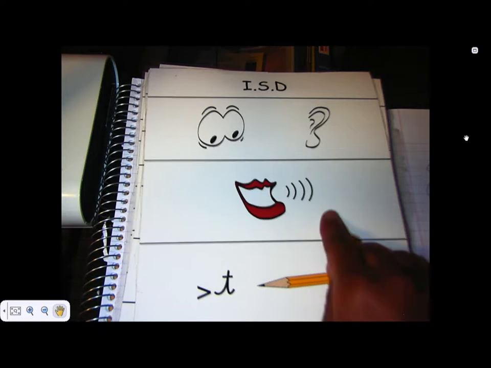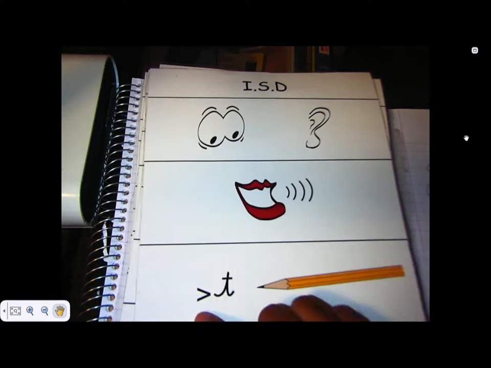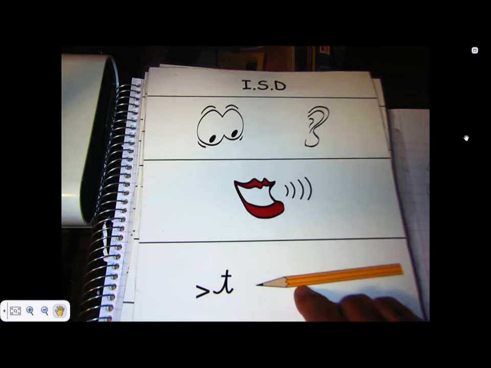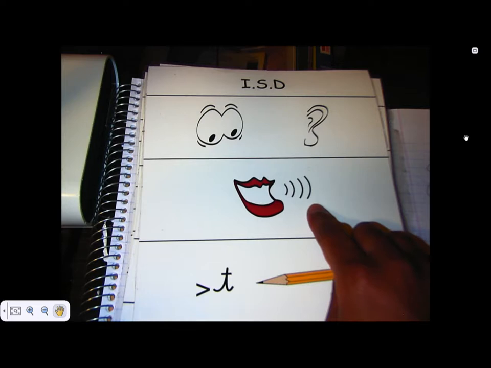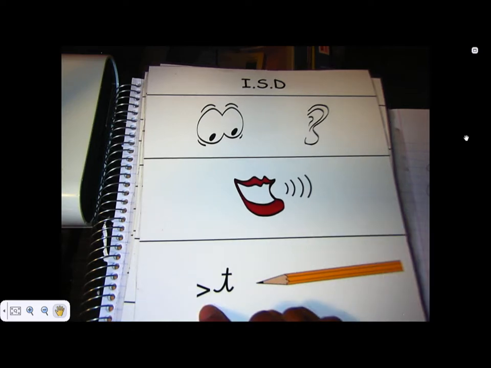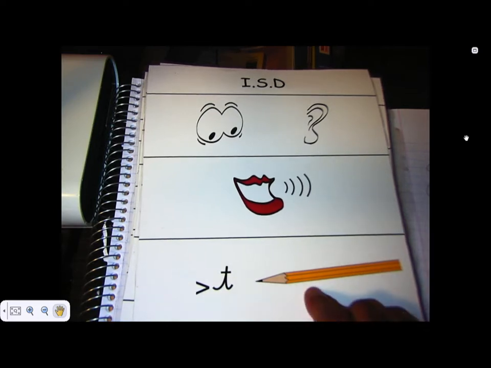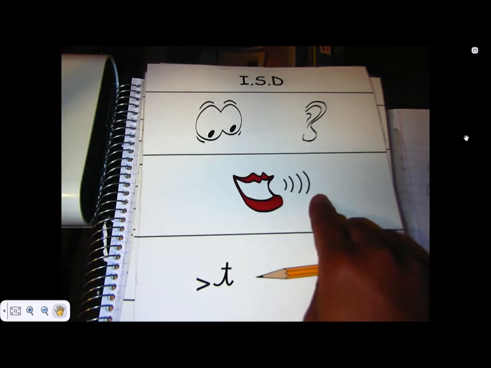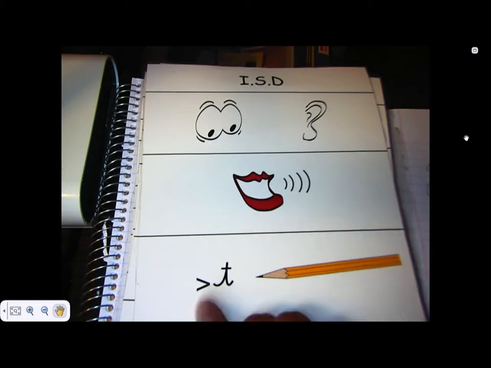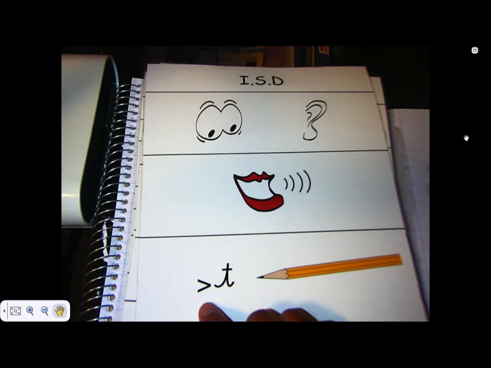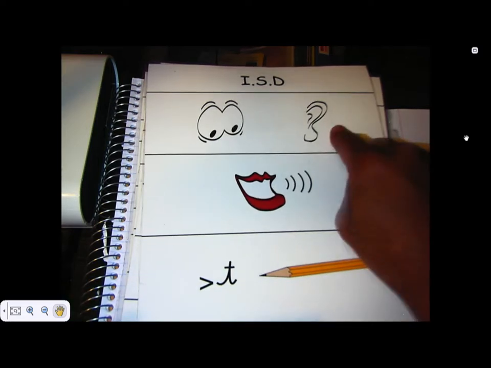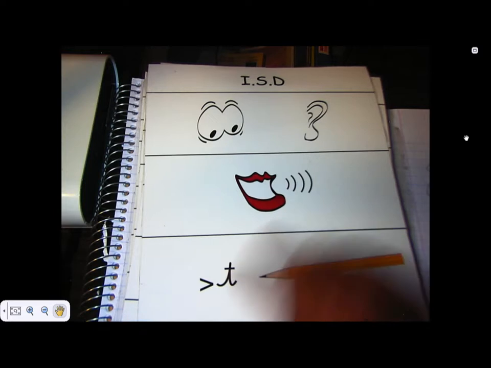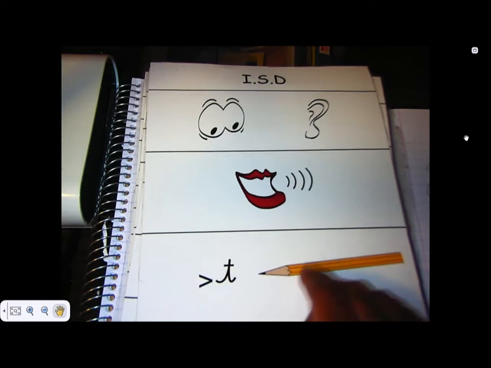Echo, name, write. Echo, name, write. Echo the sound. Name, tell me what you're going to write. Write it. J, echo, name, and then write it.